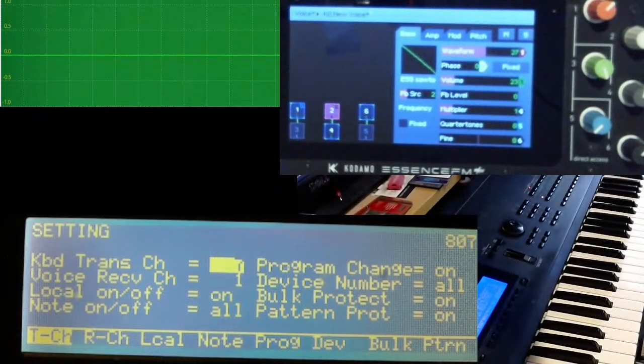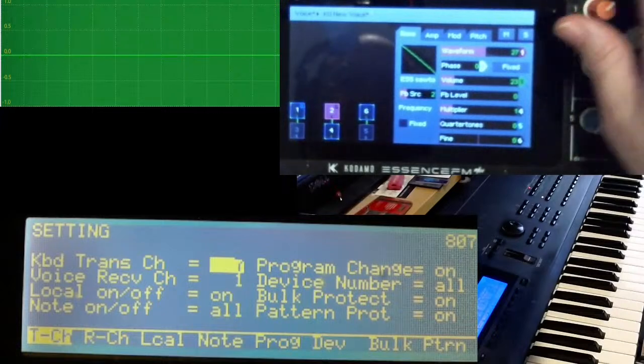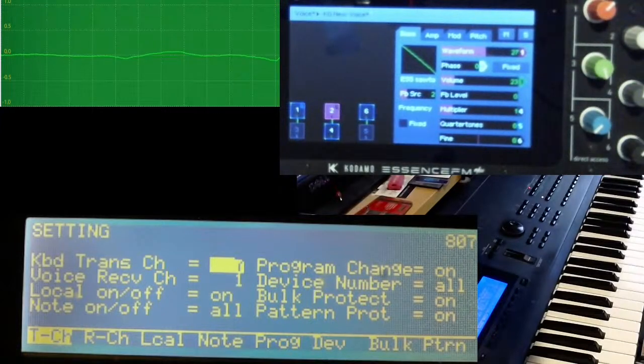So that's the actual mathematical version of it. Let's do something a little more fun. Well, maybe not more fun, but related. Let's change our modulator to the other type of sawtooth wave.